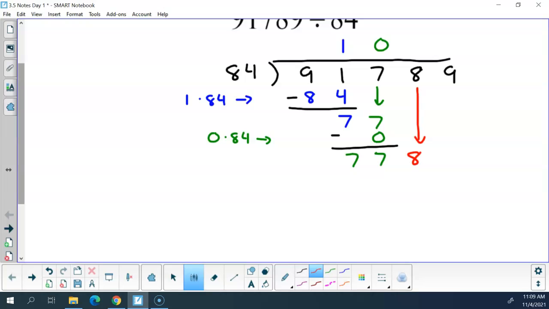9? I think it's 9. Okay, so then over here on the side, we're going to have to do 84 times 9, which is 6 carry the 3, 756. Right?